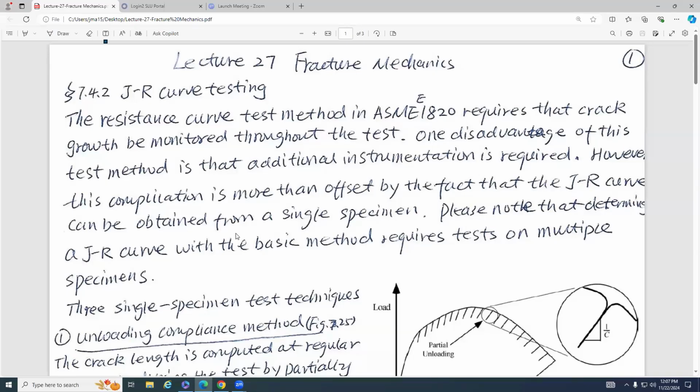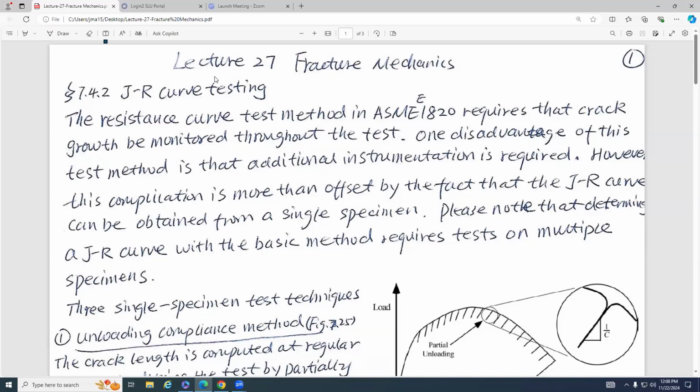For each crack length we measure, and this is our curve. Then we put everything together. As I said, multiple specimens definitely will cost us a lot of money, so you need to know that.